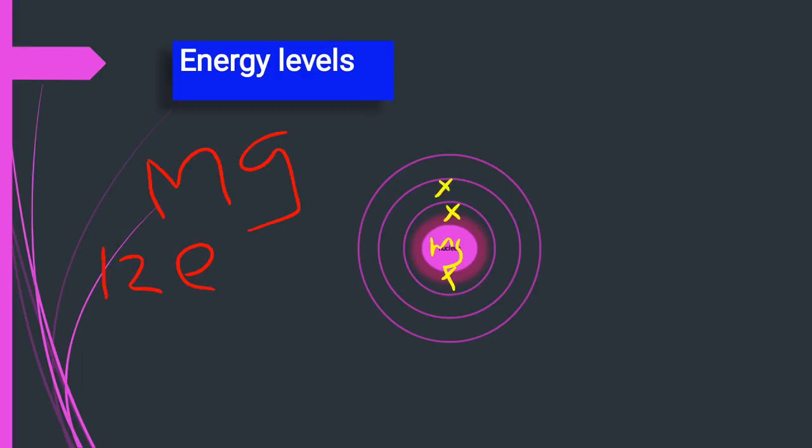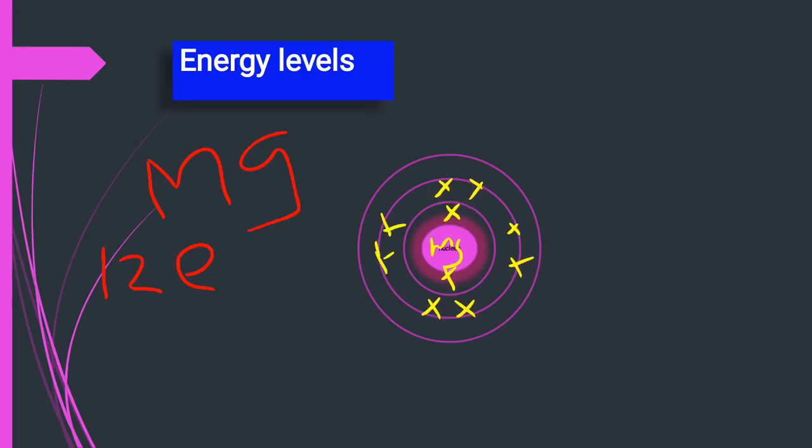And then, like we have said, the second energy level can accommodate a maximum of how many electrons? 8 electrons. So if the first 2 electrons are in the first energy level, we'll have the 4th, 5, 6, 7, 8, 9, 10.